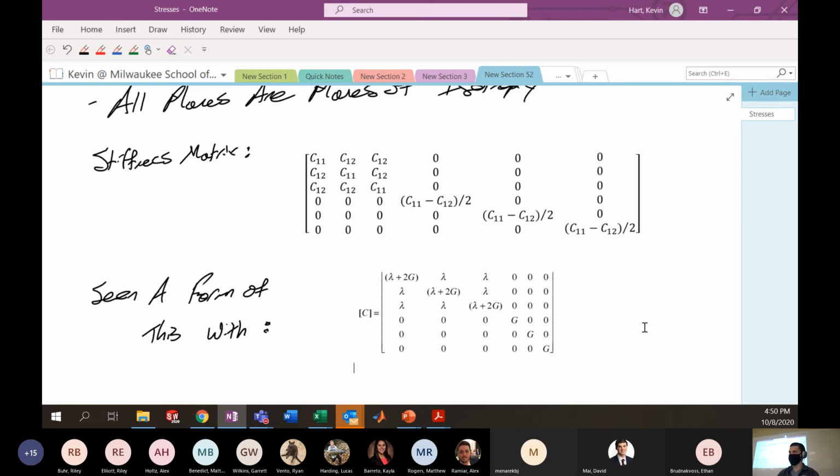And obviously examples of isotropic materials, I don't need to tell you what these are, hopefully. Aluminum, steel, most polymers, just take your pick, epoxy.